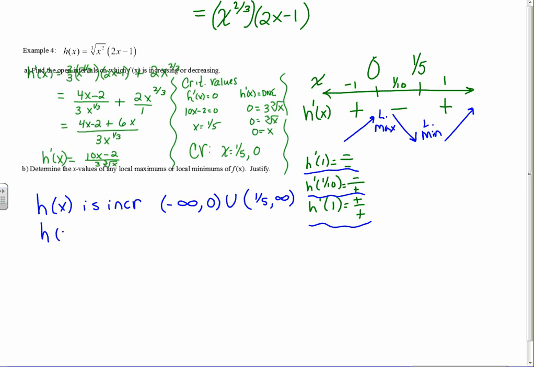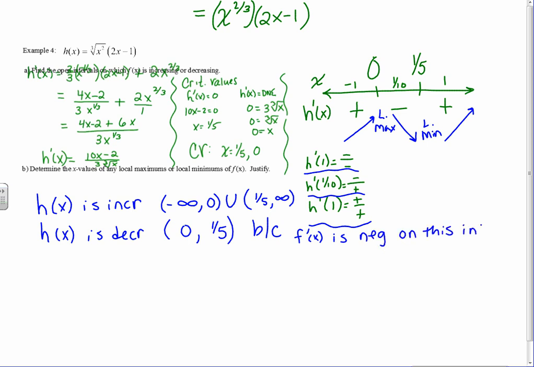H of x is decreasing where the first derivative is negative, and that occurs on the interval between 0 and 1/5. And I certainly could justify those, and I kind of spoke it as I said it is decreasing. And I could put in here if I had to, because f prime of x is negative on this interval. That would be a quick way to justify it.